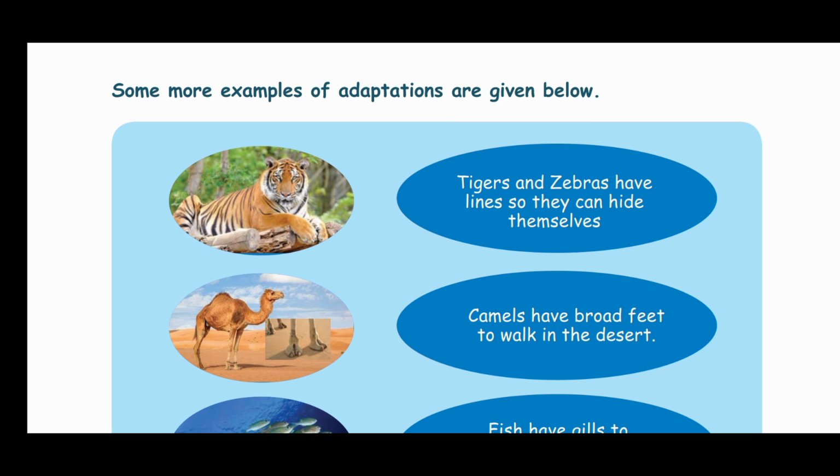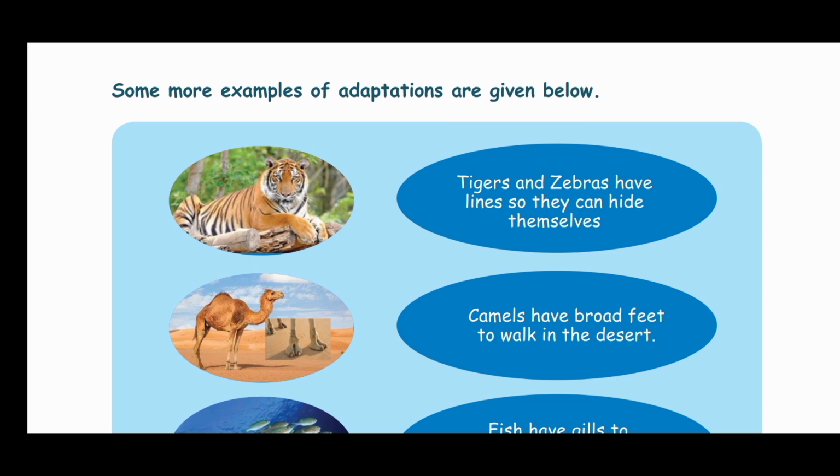First, tiger and zebras have lines so they can hide themselves. So they have lines so that if there are some rocks or trees, when they hide, it will hide them from the enemy.